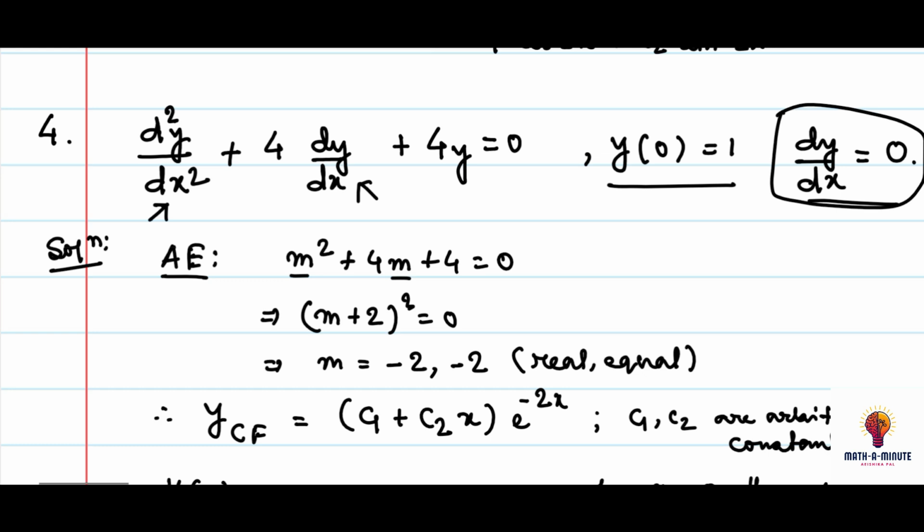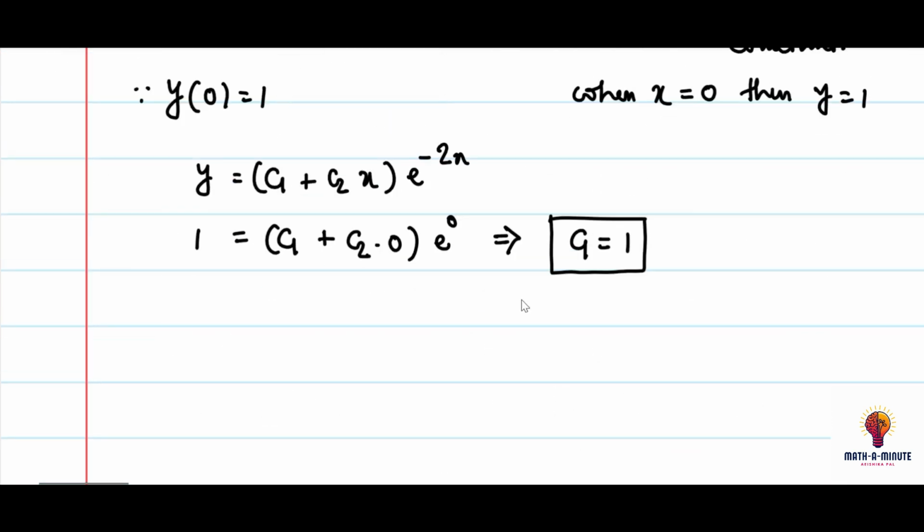Since the value of c1 equals 1, we can write 1 plus c2x e to the power minus 2x. We just put the value of c1 in the complementary function, and it will be the general solution because the given equation is in the form of a homogeneous equation.